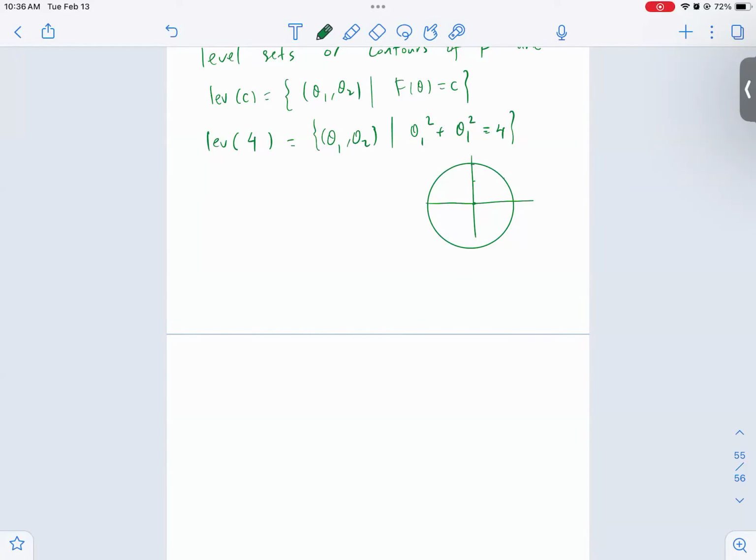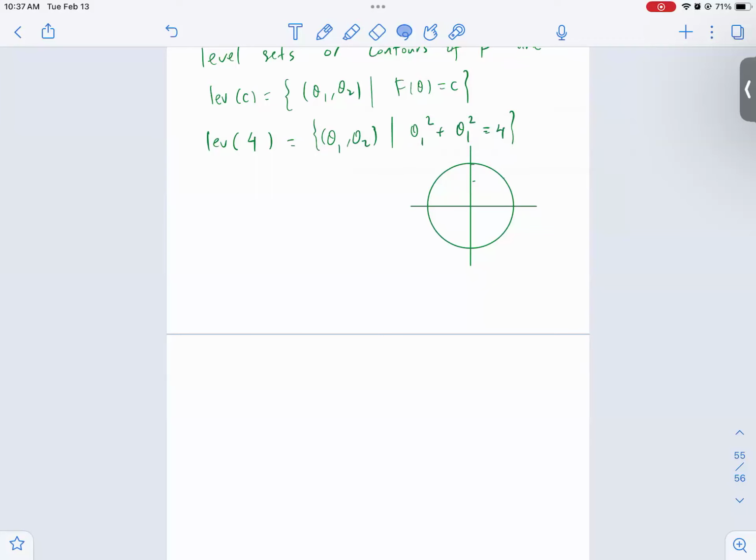So that's what you get. The circle of radius 2.